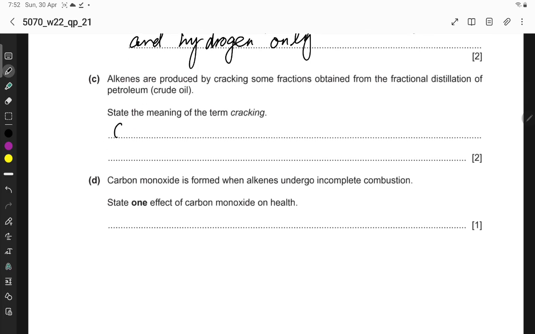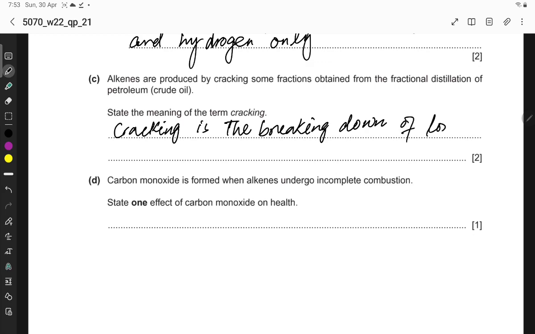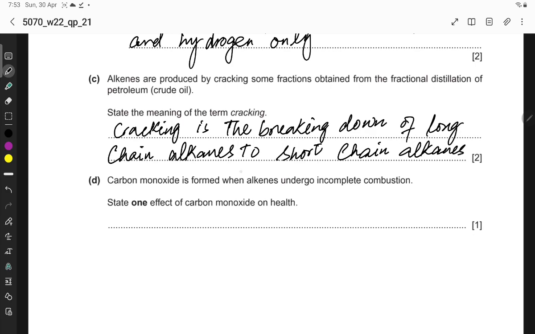Cracking is the breaking down of long chain alkanes to short chain alkanes and alkenes.